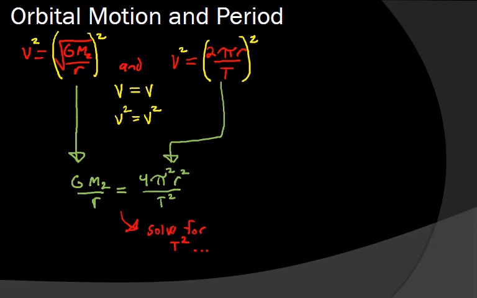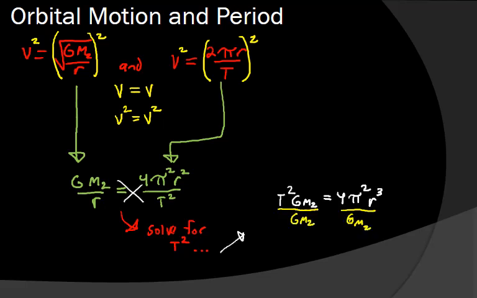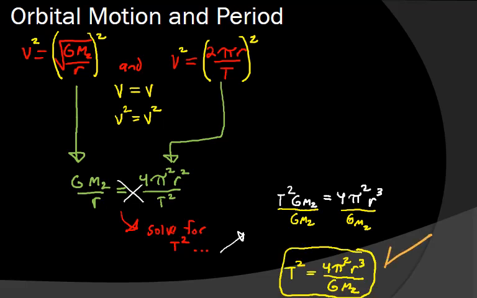We can solve for the period, and we can do that here through our algebraic steps. And so this is how we would find the period of the object as it goes around, again approximating a circular orbit. The period squared equals 4 pi squared radius cubed divided by GM2.